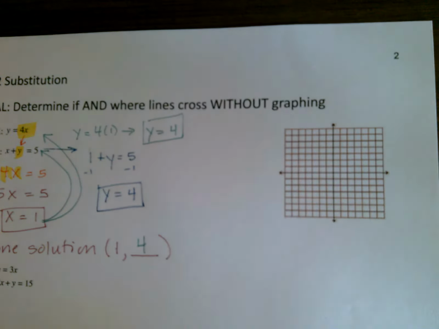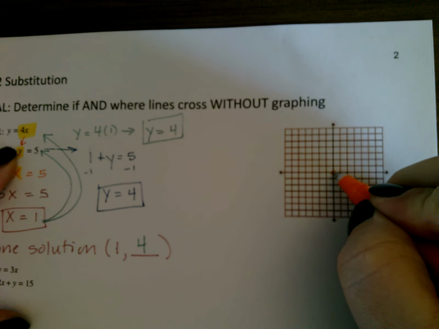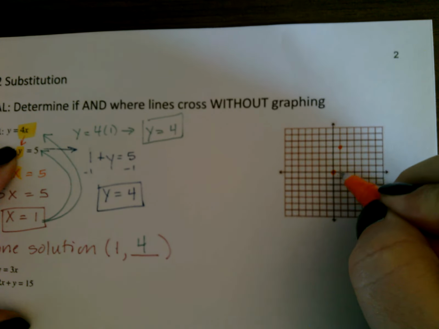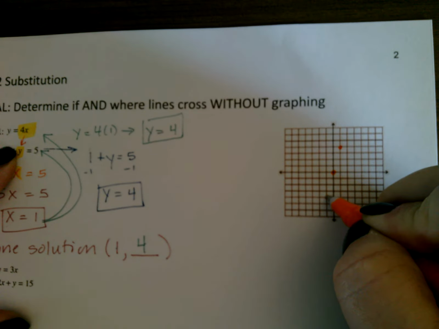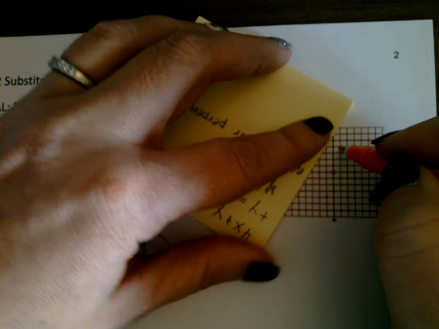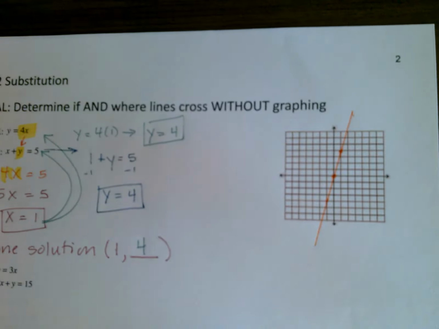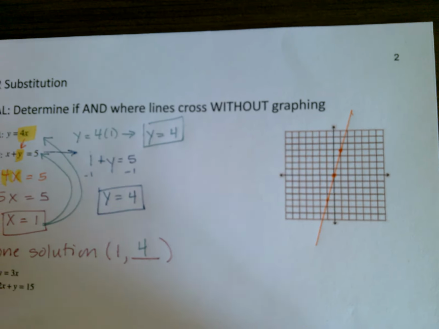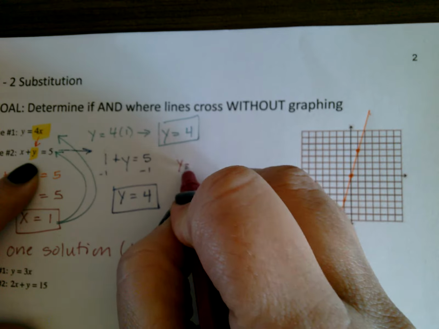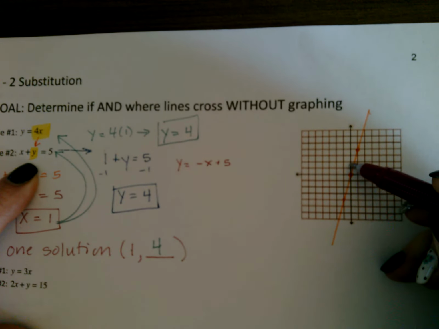To go back and think about what you were doing yesterday, if I graphed this equation, I'd start at the origin and I'd move up 1, 2, 3, 4, right 1, and using my straight edge, there's that one. And if I rewrite that in slope-intercept form, it would be y equals negative x plus 5.